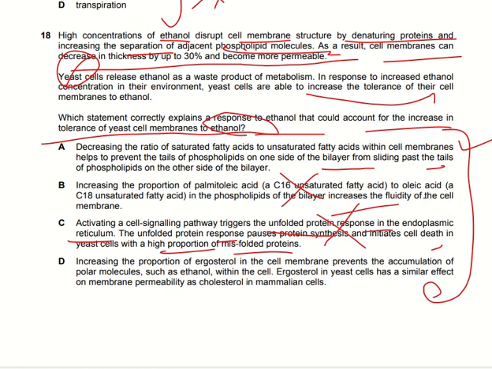Many other processes are involved in this. Increasing the proportion of ergosterol in the cell prevents the accumulation of polar molecules. But ergosterol is not involved in the accumulation of polar molecules like ethanol in the cell. It is related to releasing them. So option A is the right answer.